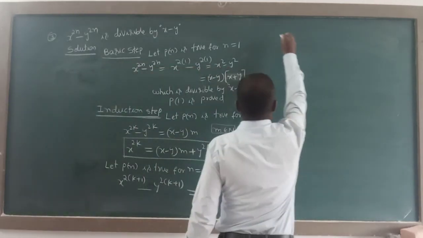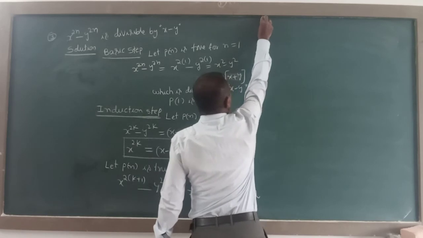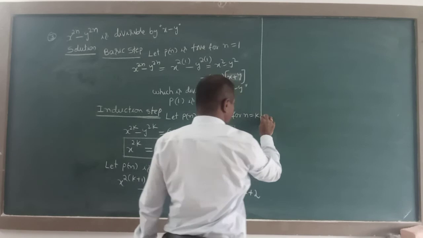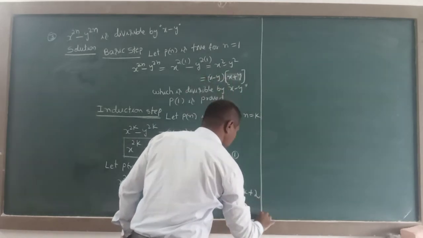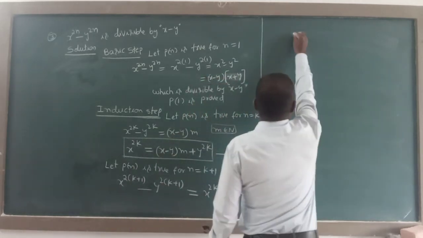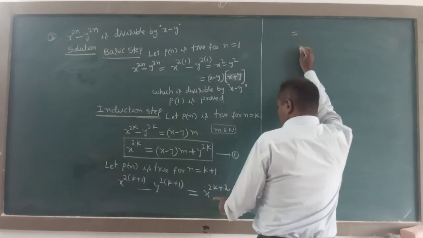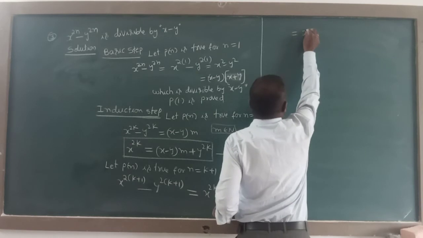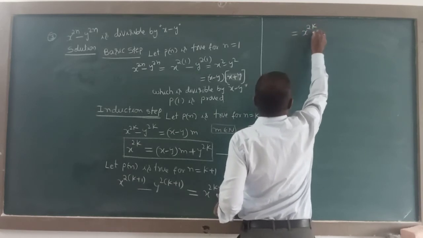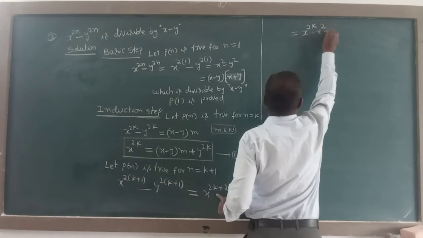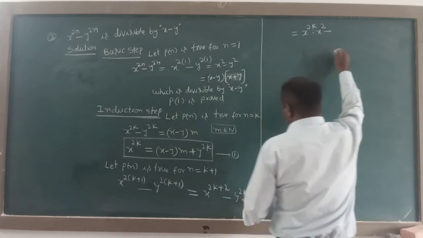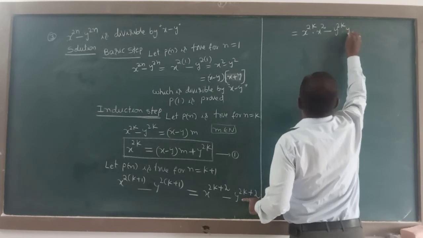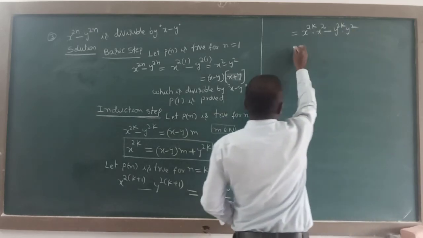This is equal to x to the power of 2k into x square minus y to the power of 2k into y square.